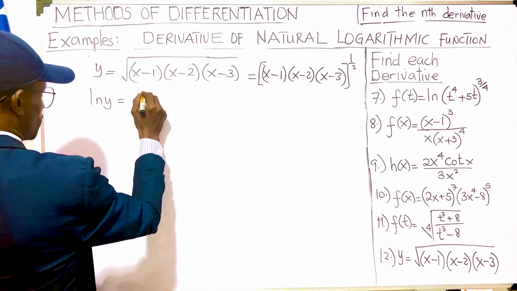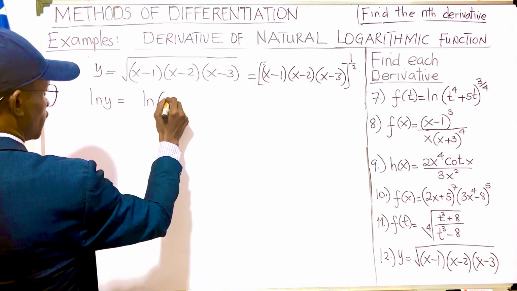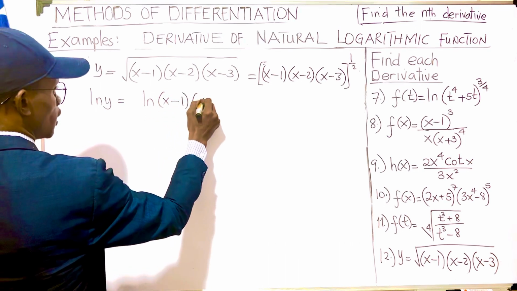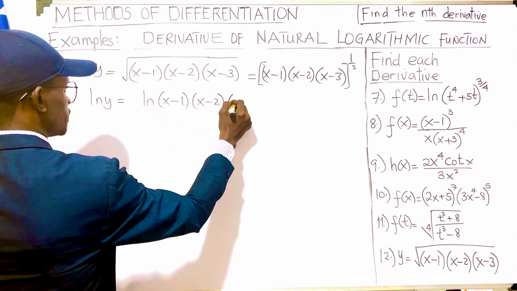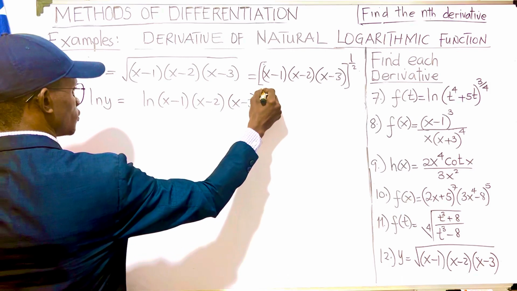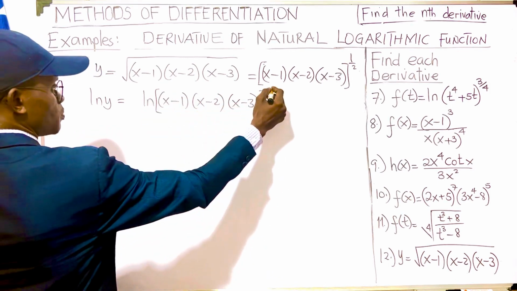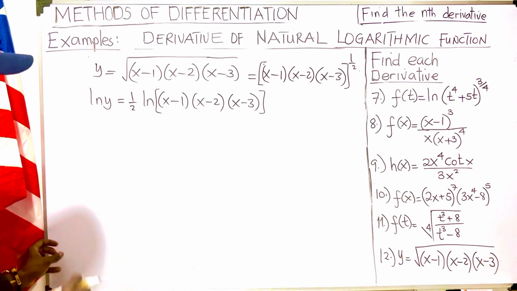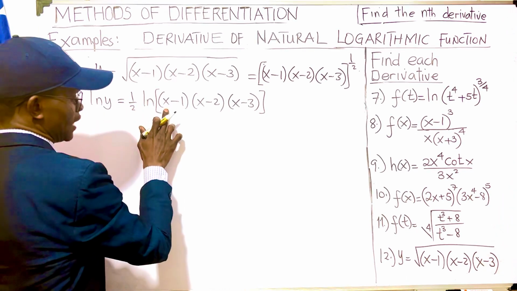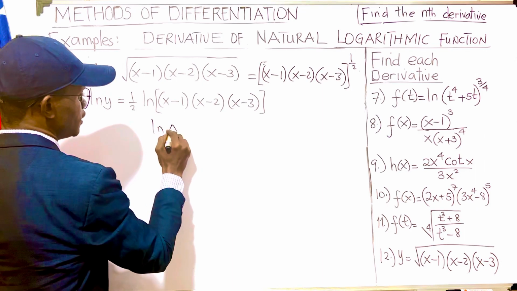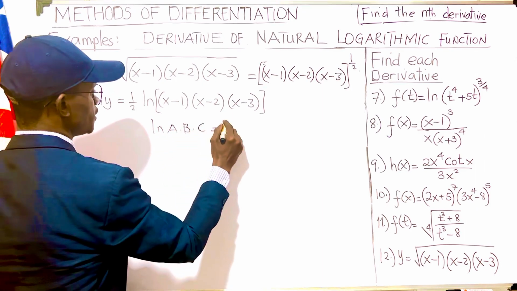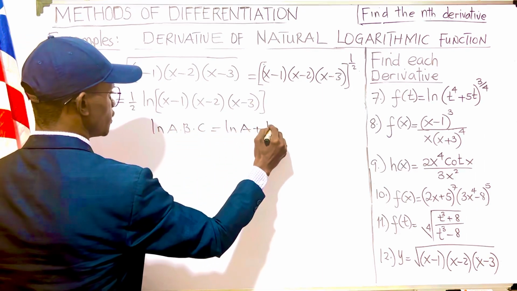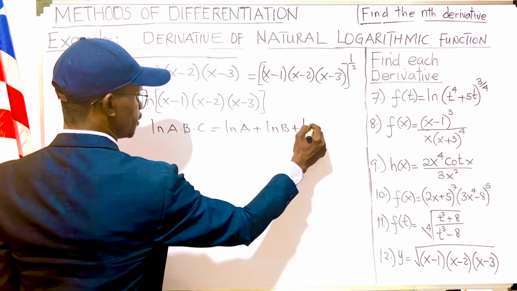So we take the ln of this side, x minus 1, x minus 2, and x minus 3, all raised to the power 1 over 2, but that 1 over 2 drops in front of the ln. Now, ln of a times b times c is equal to ln of a plus ln of b plus ln of c.